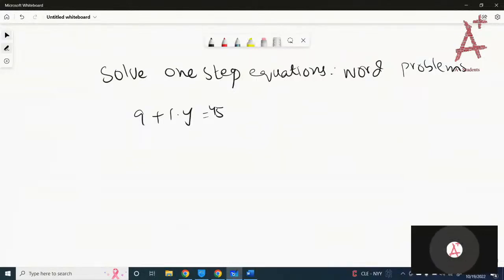Just y times 1 is y, and shift that 9 to the other side. So it would be y equals 45 minus 9. So 45 minus 9 is 36.